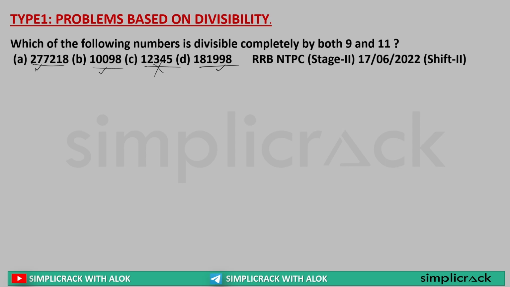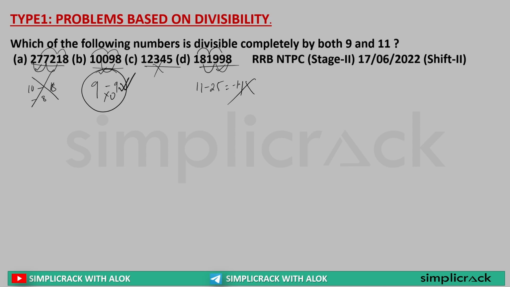Now, 279110: 7 plus 9 plus 8 is 18, minus 10 is 8, not divisible by 11. 101 plus 8 is 9, 0, 9, 9 minus 9 is 0, so that means this is divisible by 11. 112: 2, 9, 11, 8, 9, 17, minus 8 is 25, 11 minus 25 is minus 14, not divisible by 11.